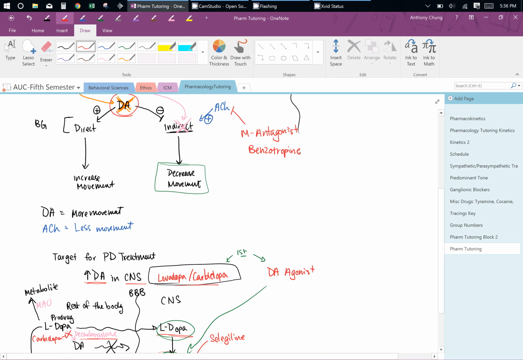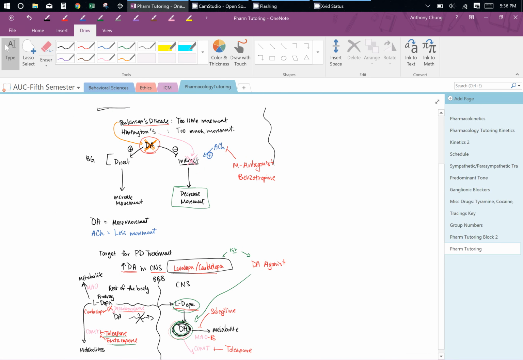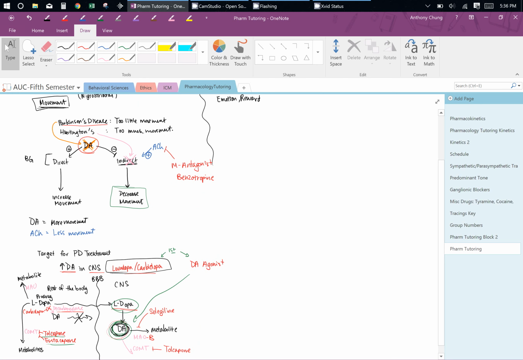But does that make sense, that these are the ways we try to target it? Levodopa-carbidopa first, or you can do a dopamine agonist first. Then, if those are not working, you do MAO inhibitor, COMT inhibitor, or muscarinic antagonist. So think about these as the main treatment and then other things to do if the main one doesn't work. Okay, so let me pause this for now.